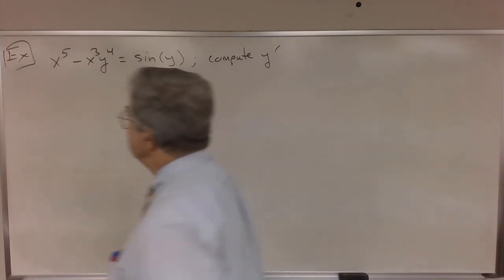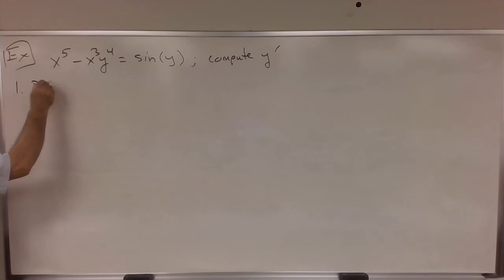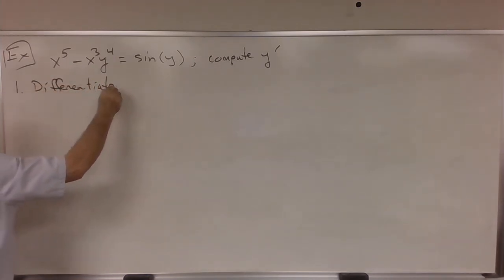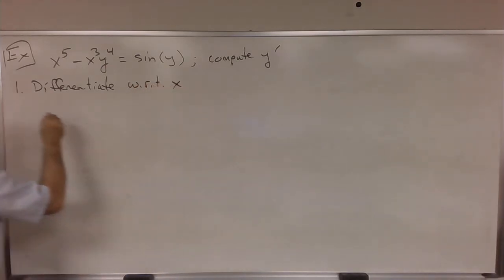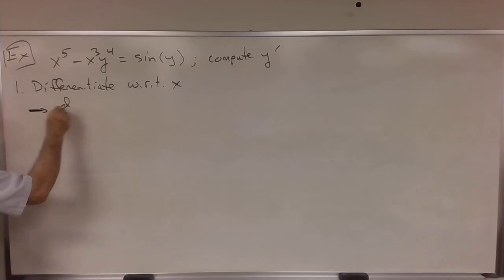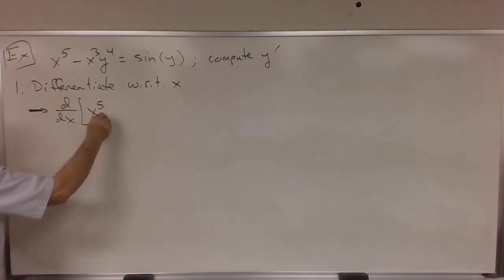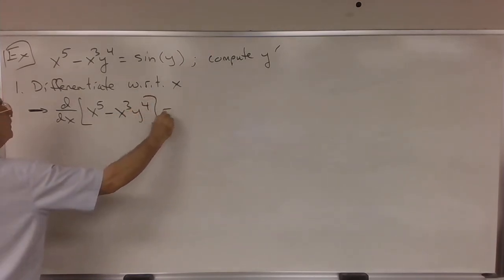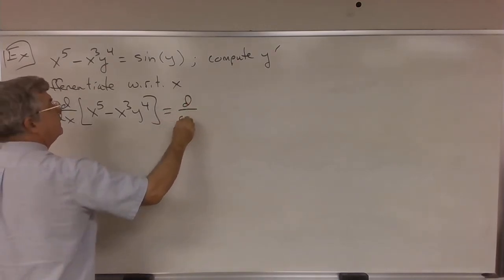Compute y prime, first thing, differentiate both sides with respect to x. So, differentiate the left side and differentiate the right side.